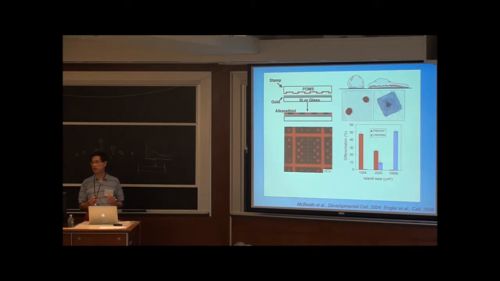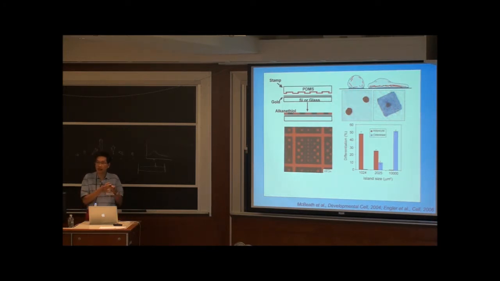And we were interested in understanding whether changes in cell shape, again, thinking about this developmental context, would change how they behave. What we found was that we were using patterns to control cell shape. What we would do is print extracellular matrix onto flat surfaces, and you could plate cells down on top of it, and if we could change the size of the spot that the cell attaches on, then you would change its shape.